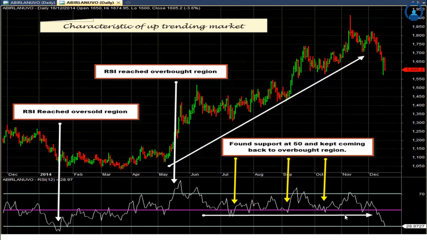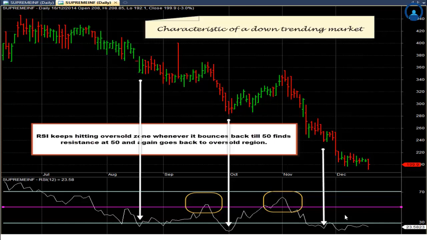Let's go ahead and take a look at a chart of a downtrending market. Following is a chart of Supreme Infra traded on the NSE exchange. You can see the stock is in a downtrend as it is making lower tops and lower bottoms. This lower top and lower bottom is supported by RSI.